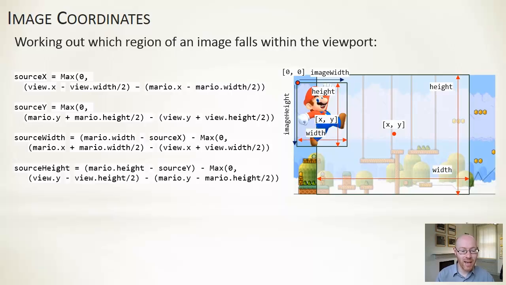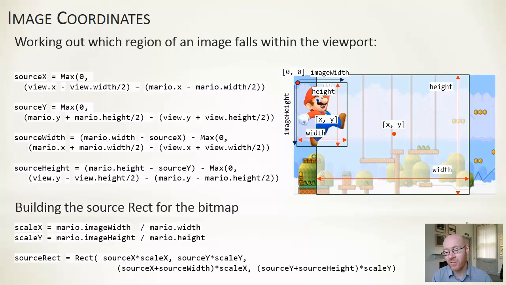The last thing we have to do is to remember that we're talking here in terms of layer coordinates. Our bitmap may be of a different size, so one layer coordinate may not be the same as one pixel within the bitmap. So we work out a scaling factor between the actual width of Mario in terms of layer coordinates and the image that we have available to draw out for Mario, because ultimately it's the image that we're drawing, so we want to scale that so that we're capturing the right bit of the image.